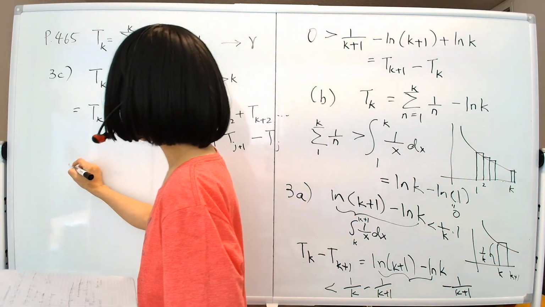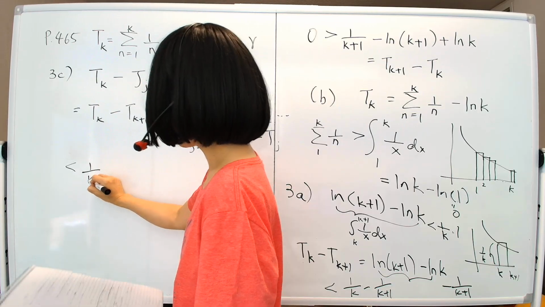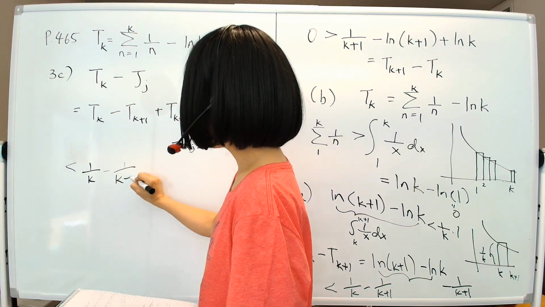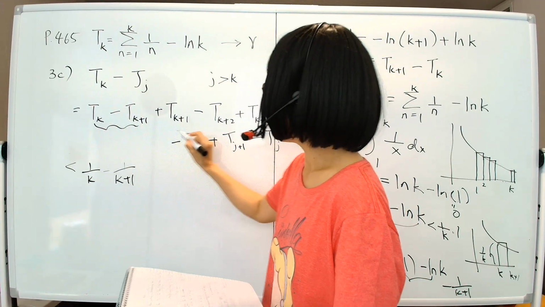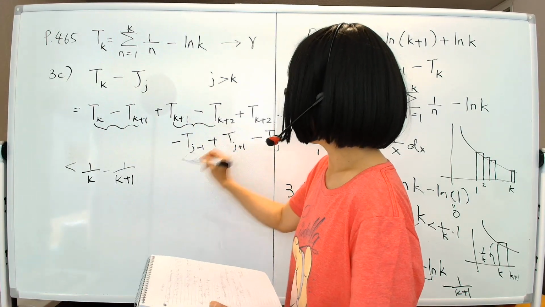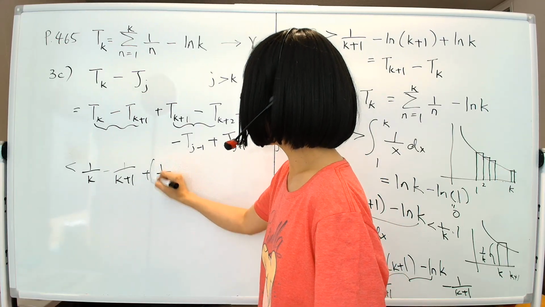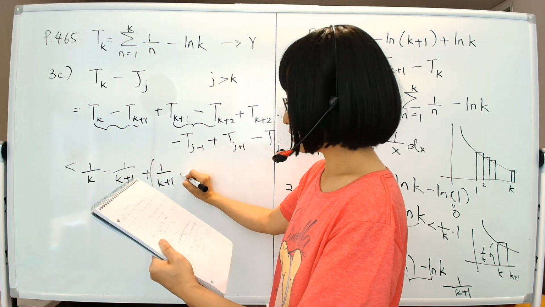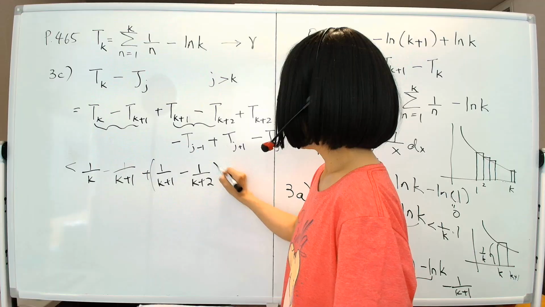So this is less than 1 over k, starting at the first one, minus 1 over k plus 1. That's the first group. And then the second group is plus 1 over k plus 1, and then minus 1 over k plus 2. You see how clever this is.